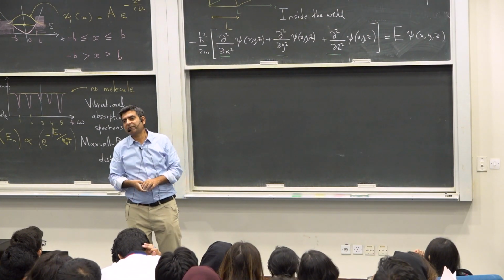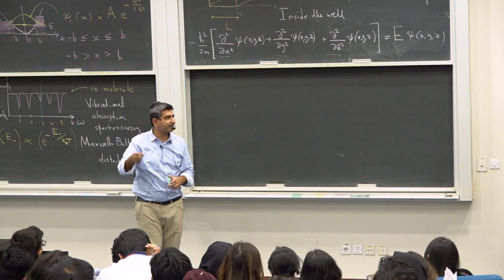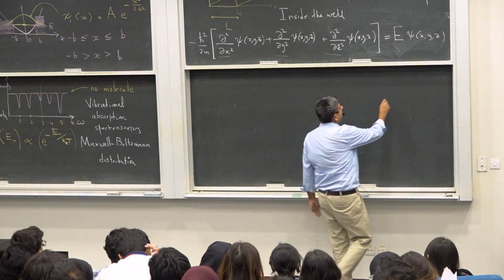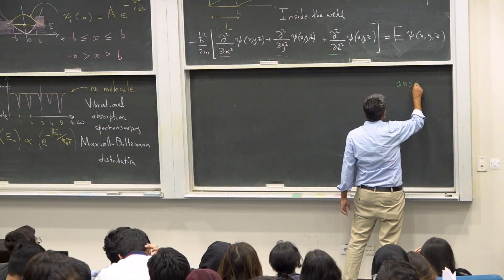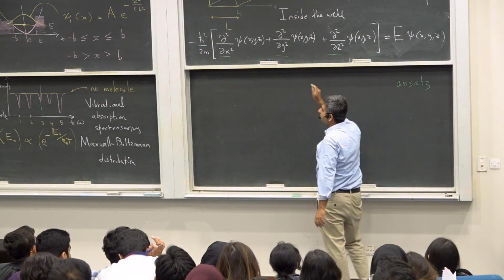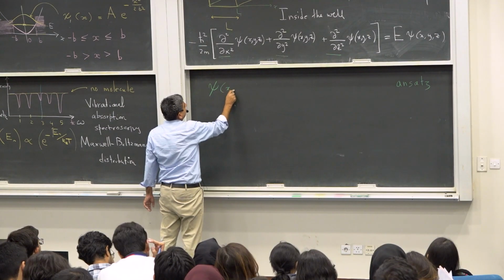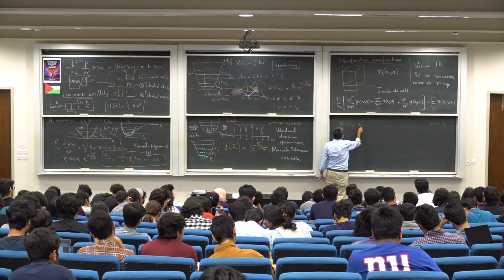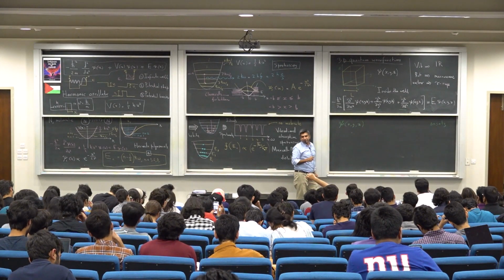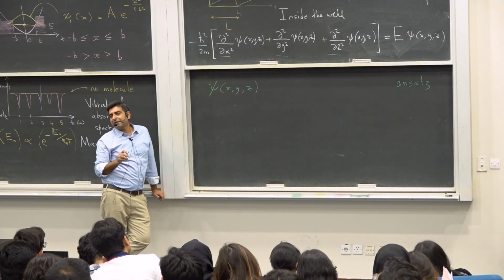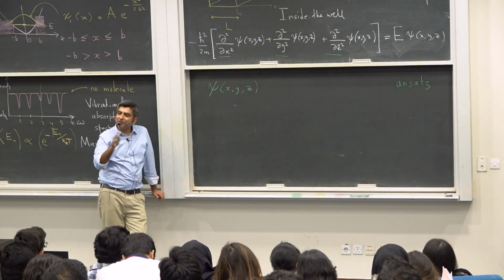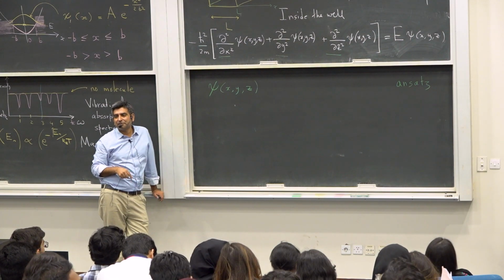This technique is called finding an ansatz. You have a trial solution and see if it works. So we do exactly the same thing. Our wave function now, remember there's no time dependence as yet, is separated out into an x part and a y part and a z part.